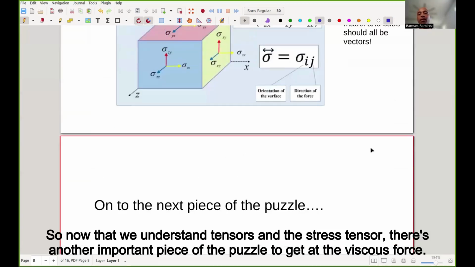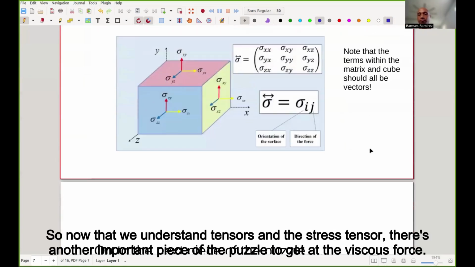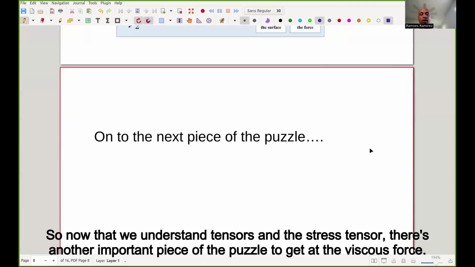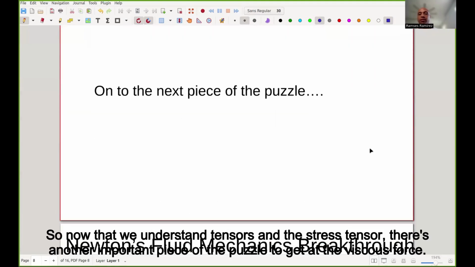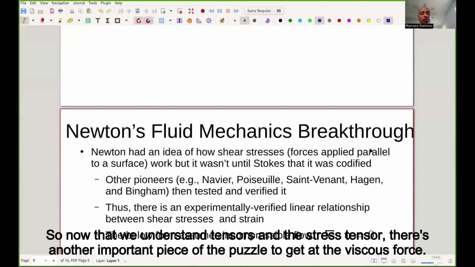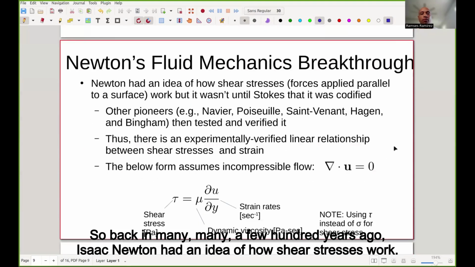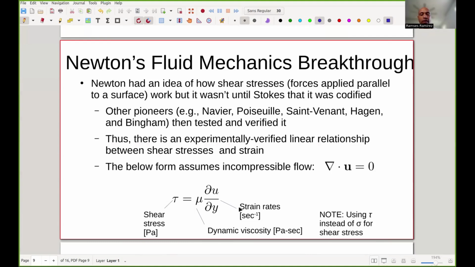Now that we understand tensors and the stress tensor, there's another important piece of the puzzle to get at the viscous force. A few hundred years ago, Isaac Newton had an idea of how shear stresses work.